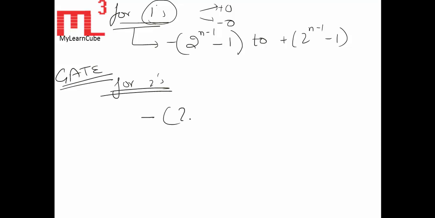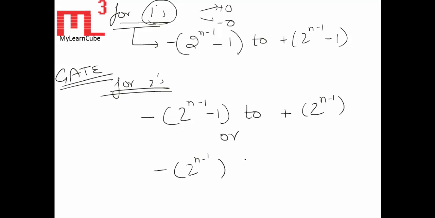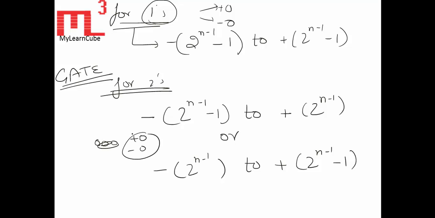The range is minus 2 raised to power n minus 1 to plus 2 raised to power n minus 1, minus 1. That means since it has only one representation of 0, be it plus 0 or minus 0, it has one extra representation that it can use either for minus 8 in this case, or for plus 8.